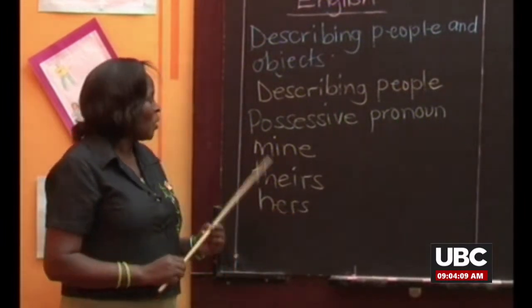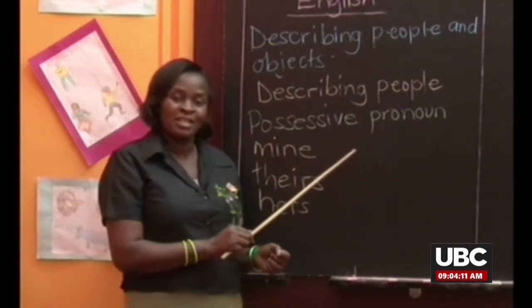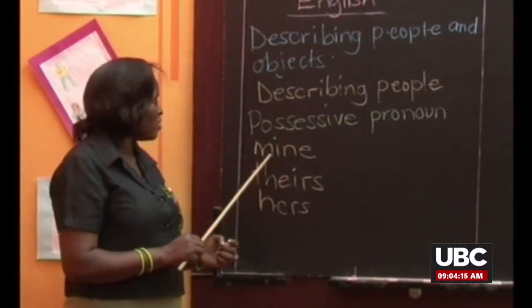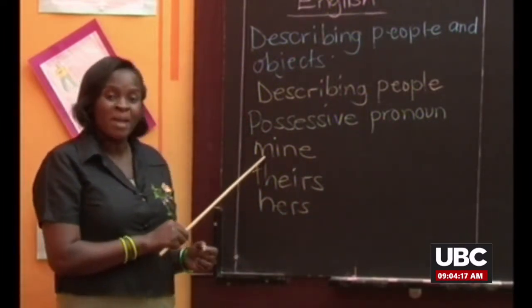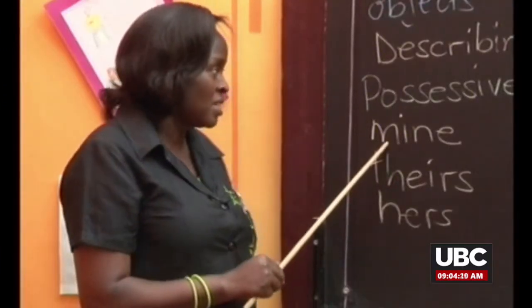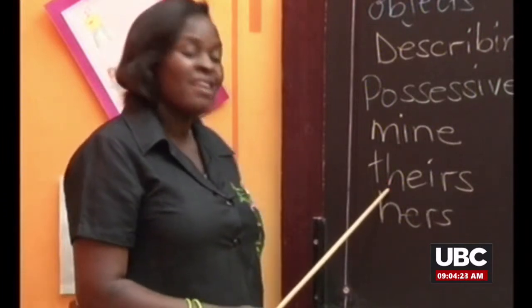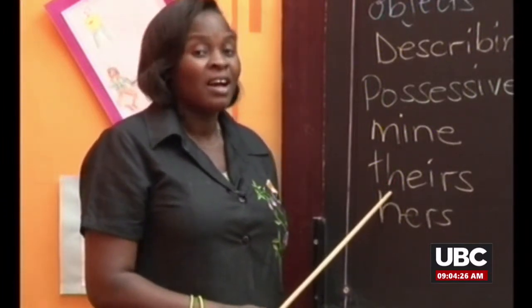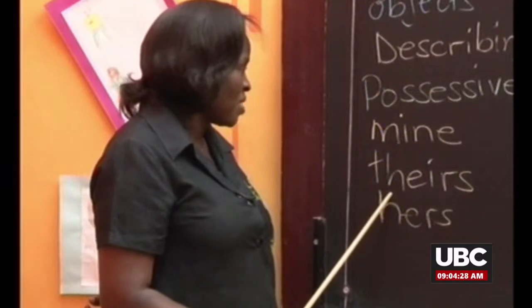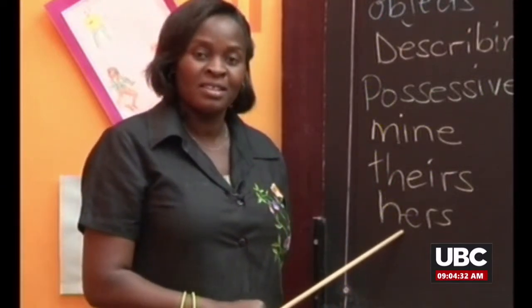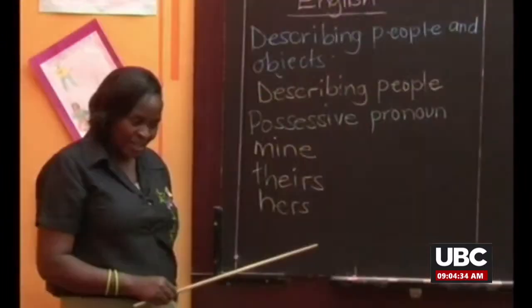And today, we are looking at the possessive pronoun. So far, we have looked at the first one, mine. That is a possessive pronoun. Our next one is theirs. Our next one, hers.